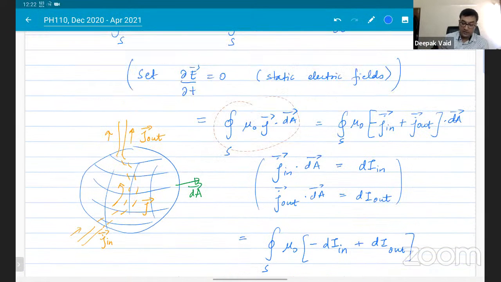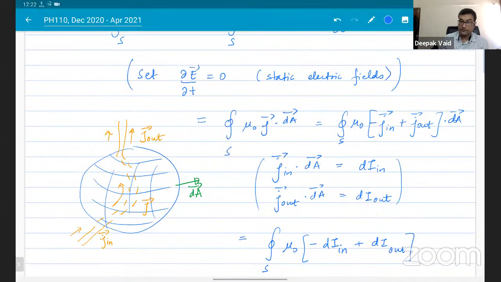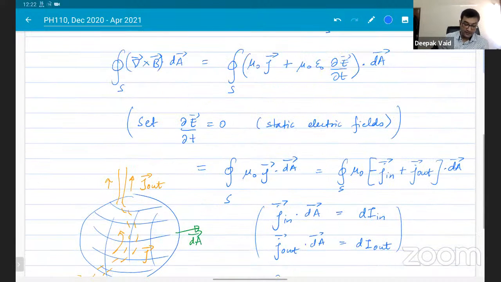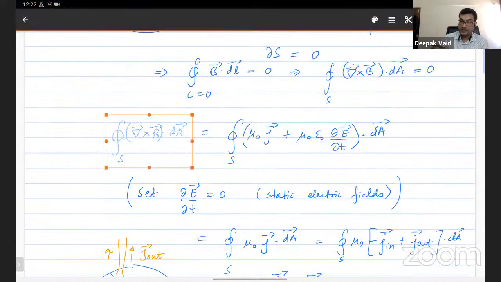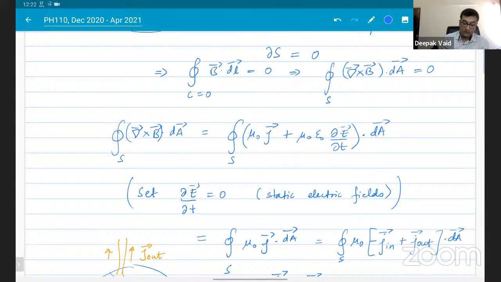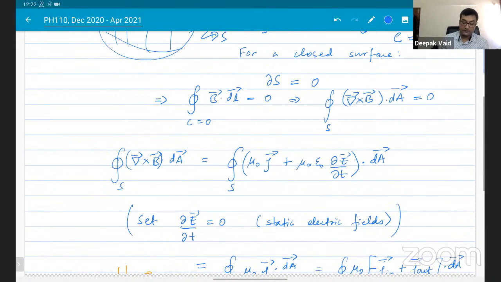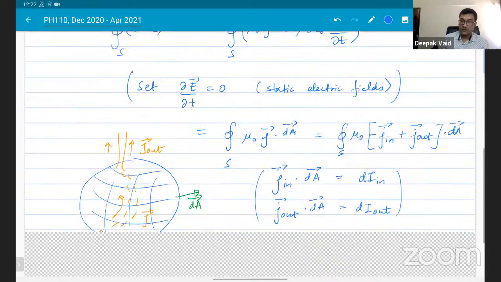So this quantity is zero for any closed surface, which agrees with the fact that the integral of curl of B dot dA is equal to the integral of B dot dL, which is zero. Why zero? Because the boundary is zero.